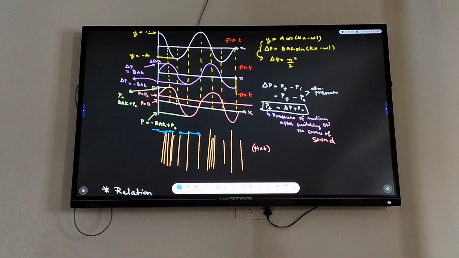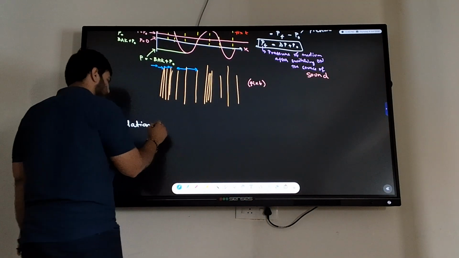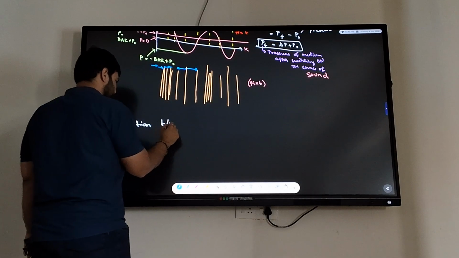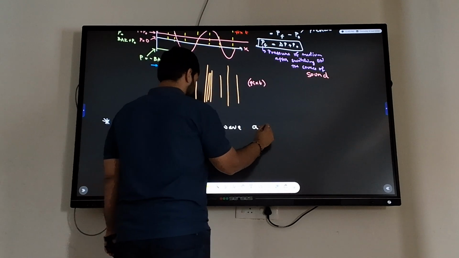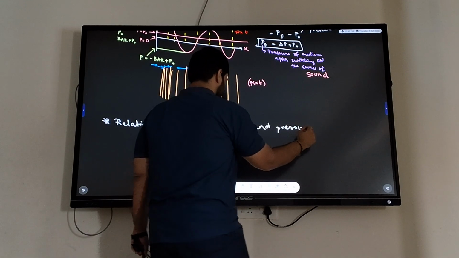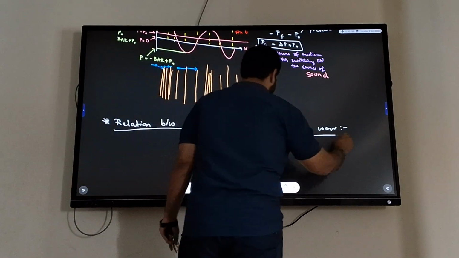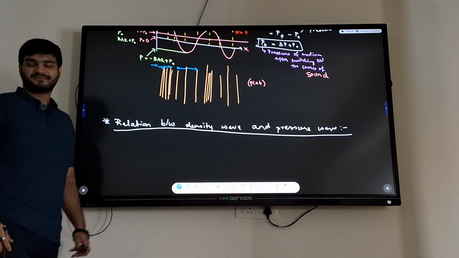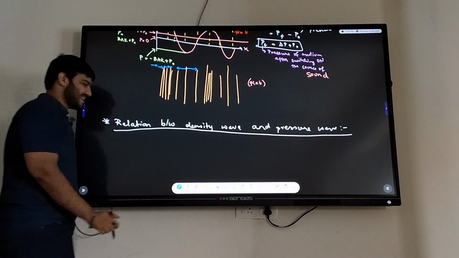ठीक है, तो relation between density wave and pressure wave. ओके. बढ़िया बढ़िया.